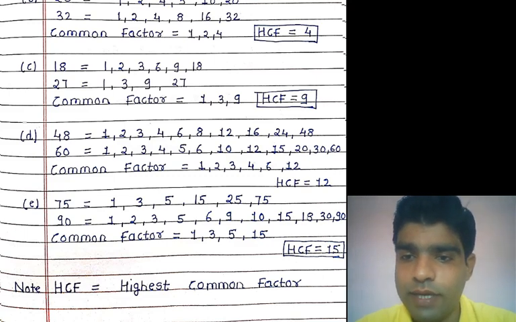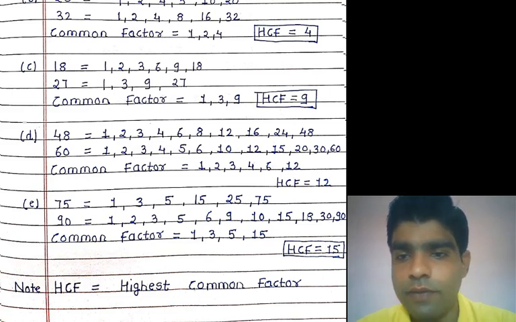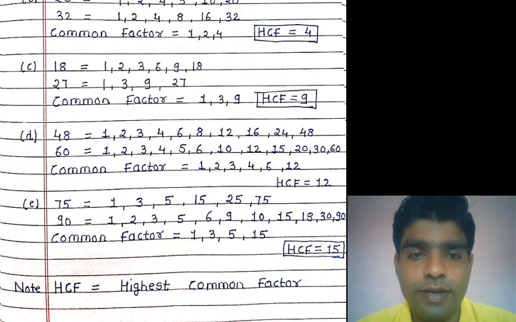15 also definitely divides. Okay, and 25 is also a factor of 75, because 25 times 3 gives the answer 75. The last one is 75, because 75 times 1 is 75. So 75 is also a factor of 75.